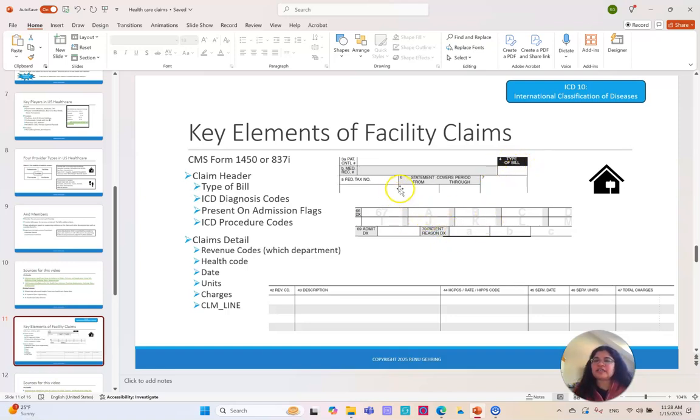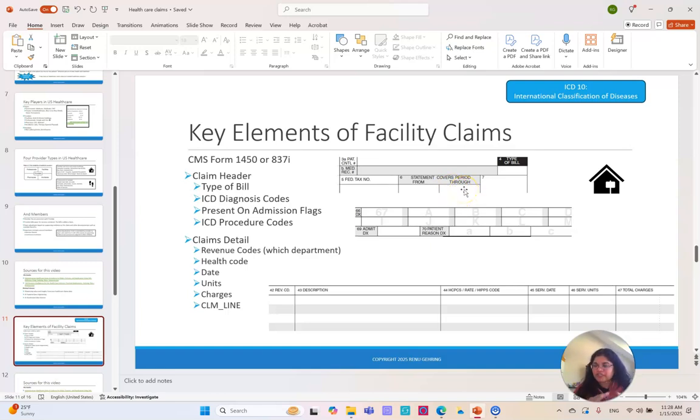You can see here that number 6 says statement covers period from and through. And usually there is an admission date, but there is no discharge date. So you have to kind of figure it out from looking at the statement through.